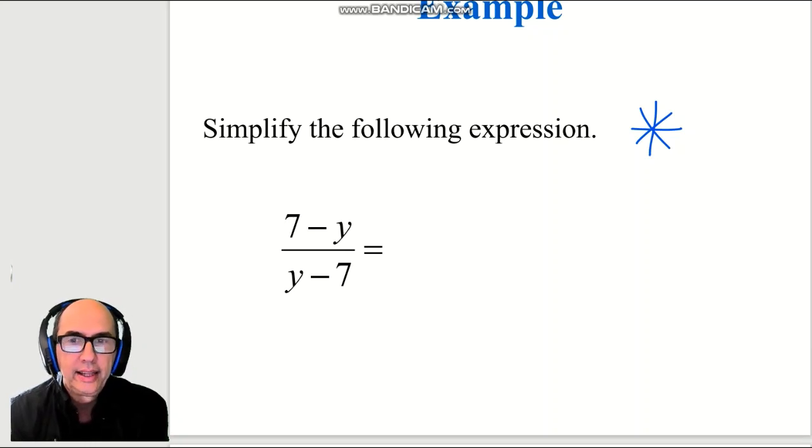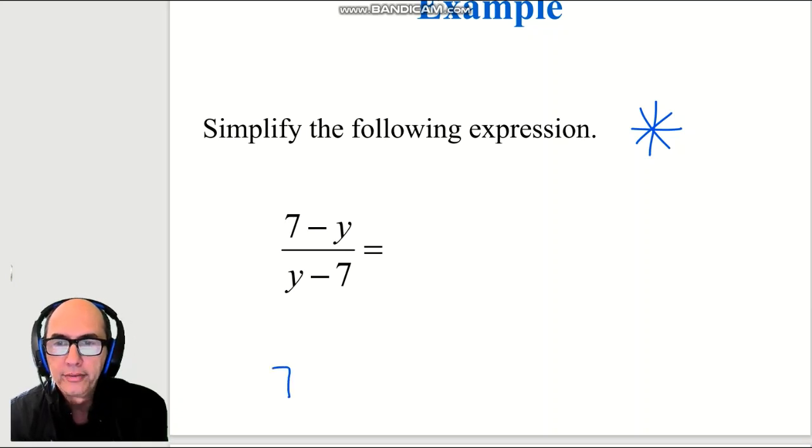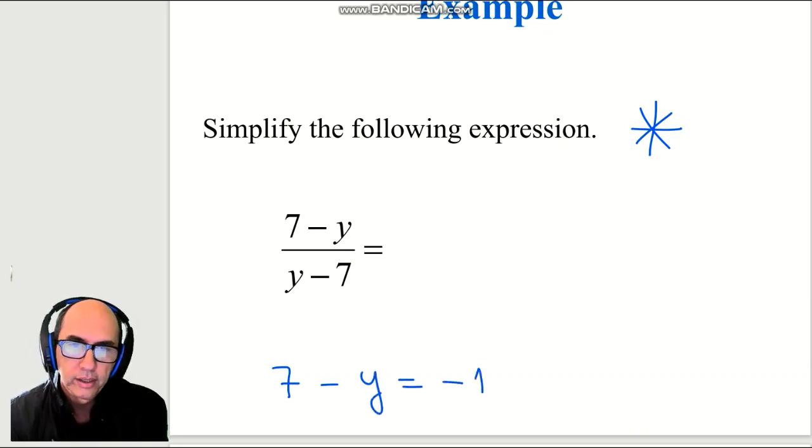Just one tiny thing that we can factor out here, the negative 1. We can factor out negative 1 either on the top or on the bottom, because 7 minus y equals negative 1 times negative 7 plus y, right?